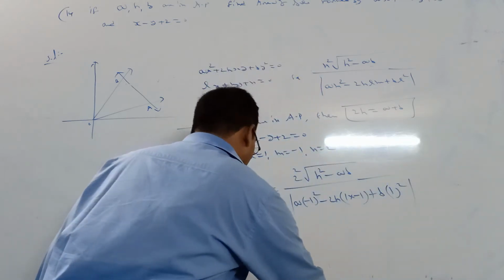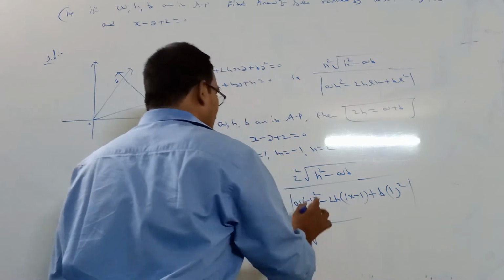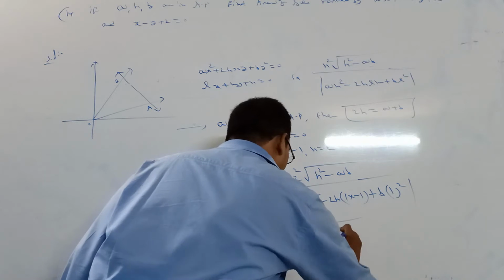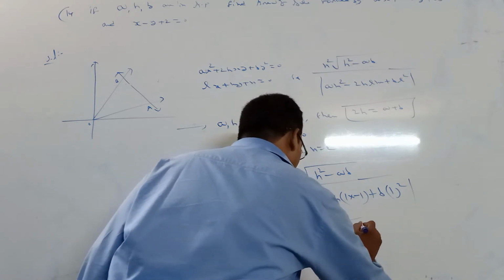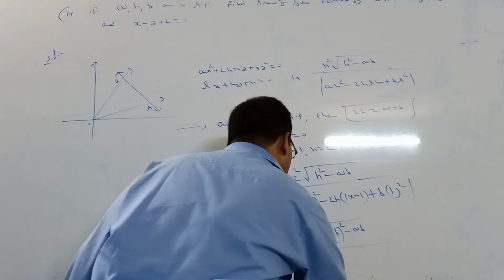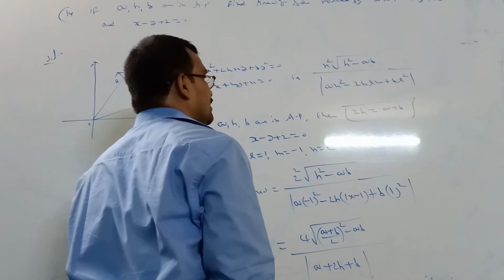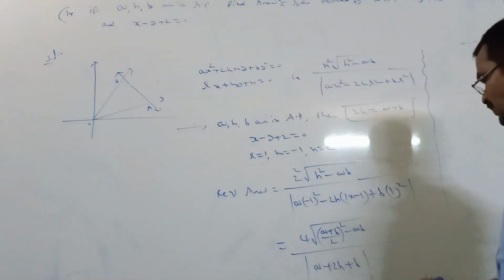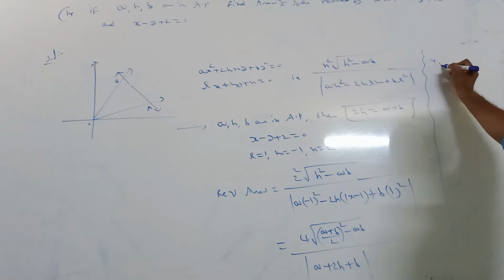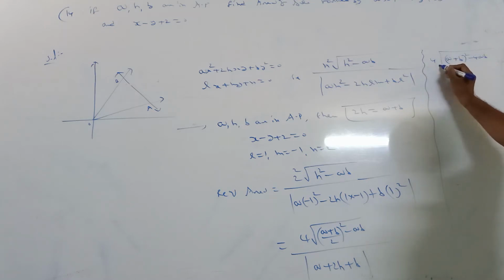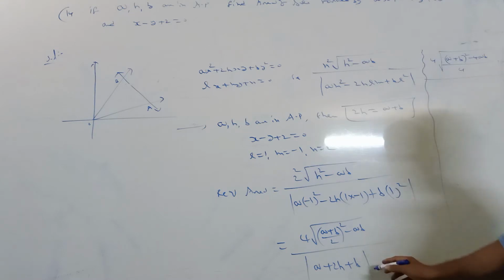So here I got 4 into under root of, instead of h I substituted a plus b by 2 whole square minus ab, by this one is a plus 2h plus b I got. After the simplification, 4 into under root of a plus b whole square minus 4ab by 4, whole by a plus 2h plus b.